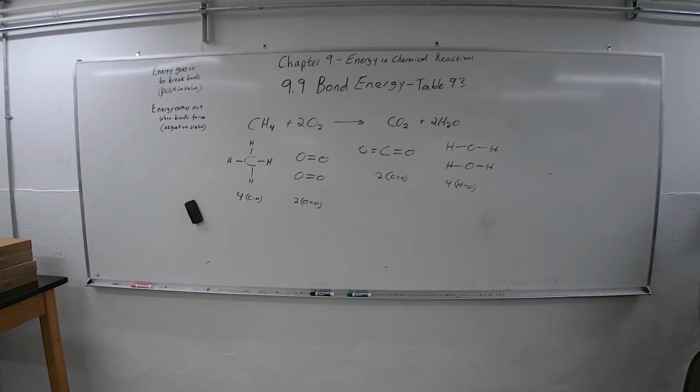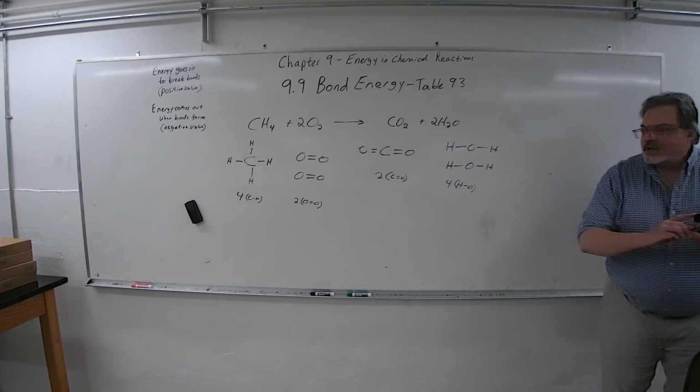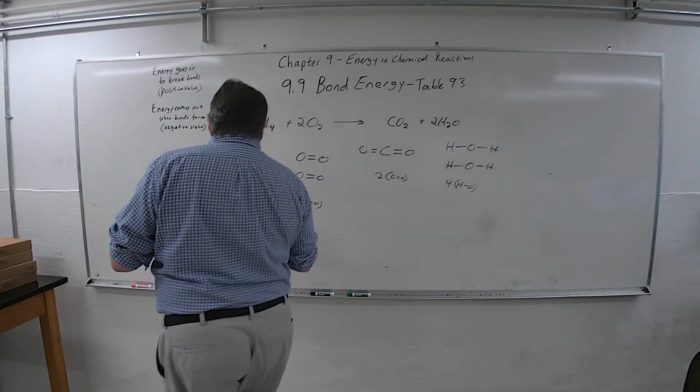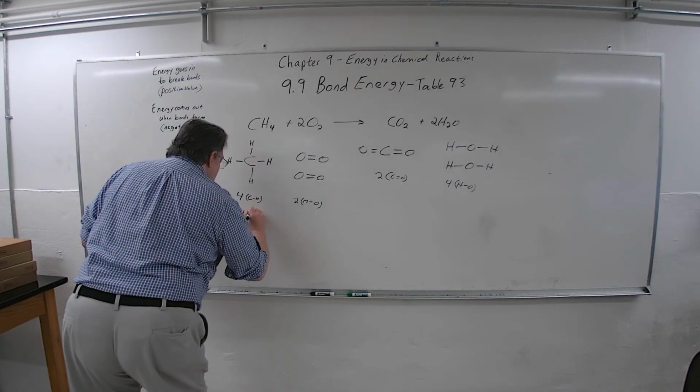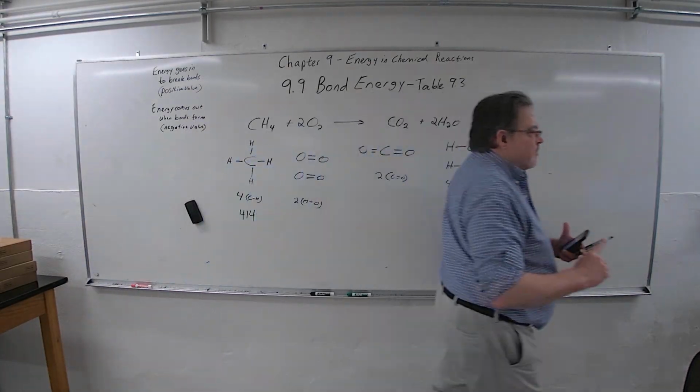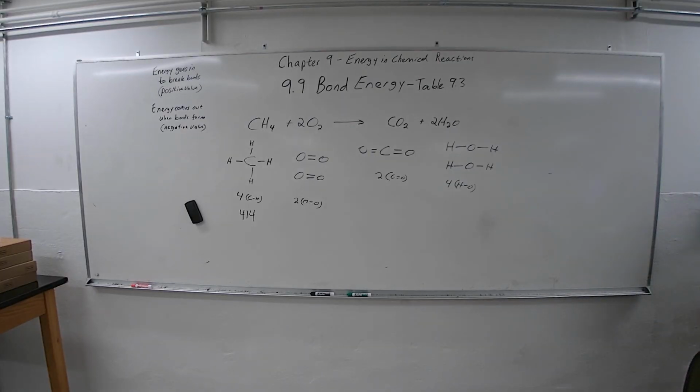So this tells you the bond, and the number just to the right tells you how many kilojoules per mole. There's the H and C bond right there. It's the second one down on the left column. We've got 414. Oxygen to oxygen double bond. Can you see it?